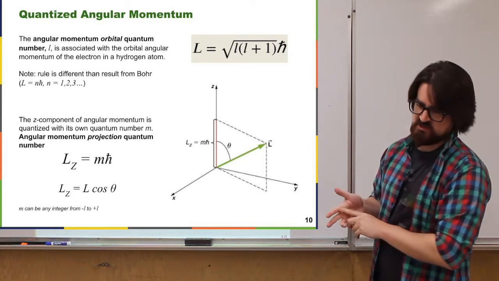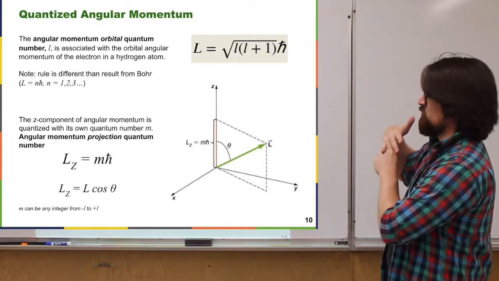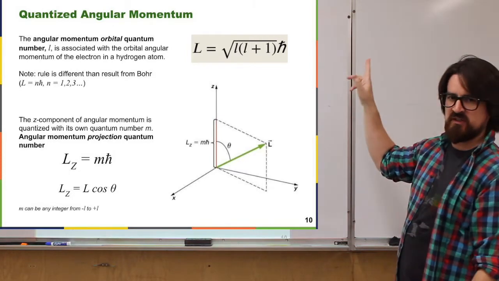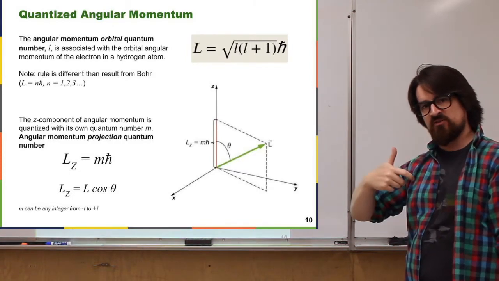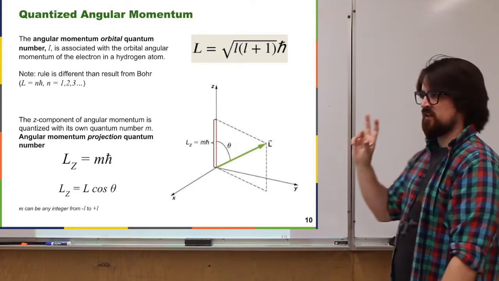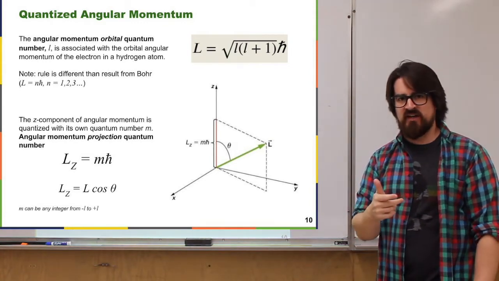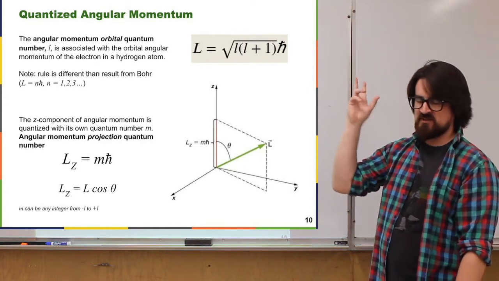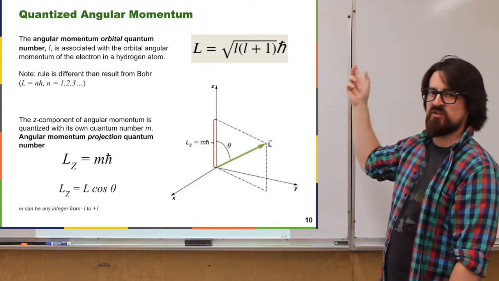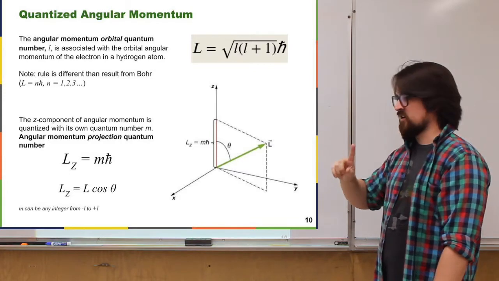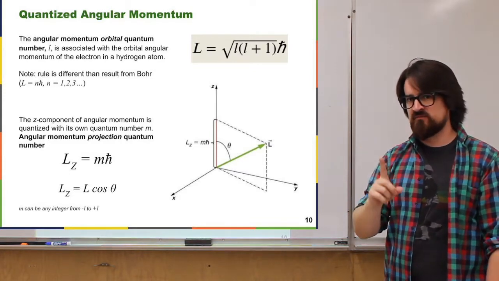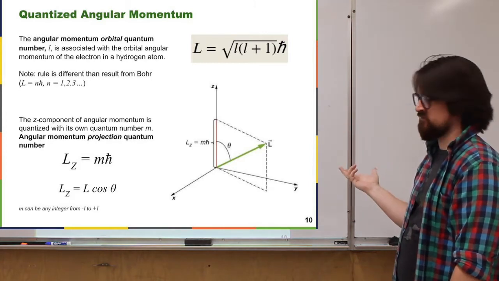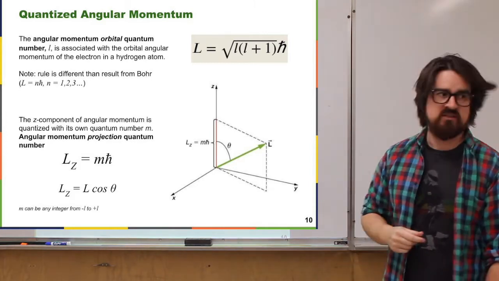It's interesting to note then that what we get from Schrodinger's equation is that we can know the magnitude of the electron's orbital angular momentum, but we don't actually get all the components of that. We don't actually know the vector form of its angular momentum, and in fact we can't. We only know the magnitude, and we can know its angular momentum along one direction, or one component of its angular momentum, which we generally choose to be the z component.